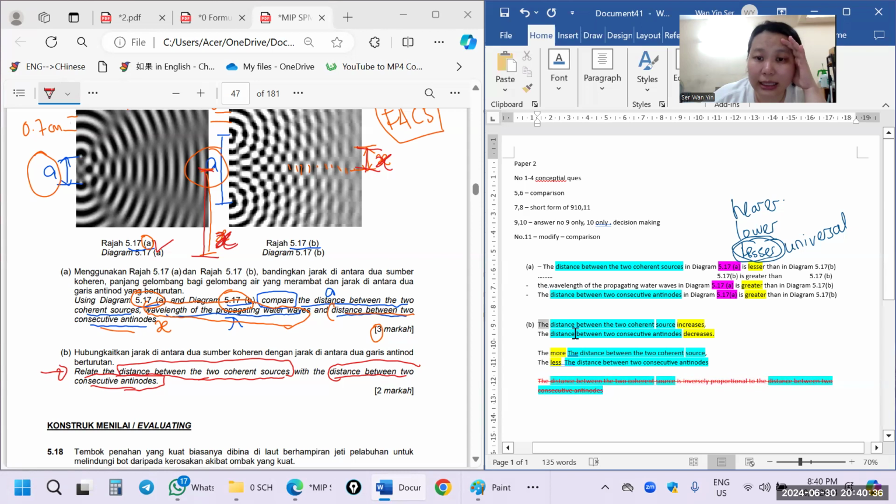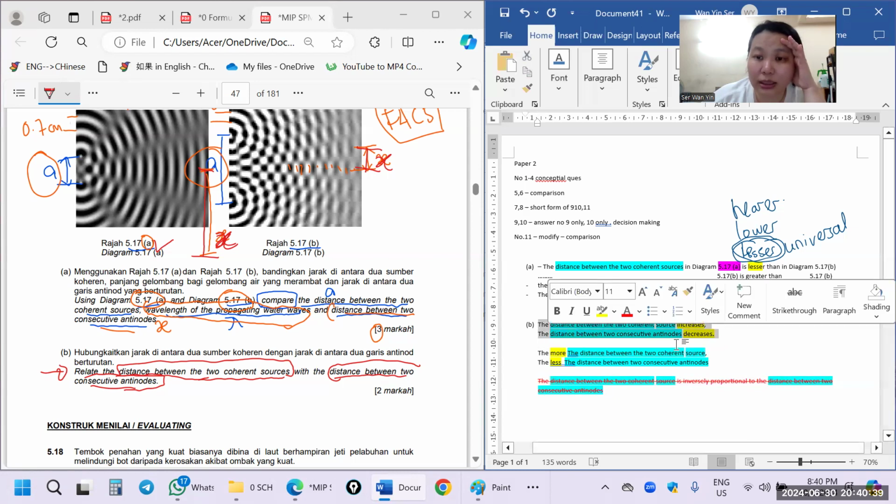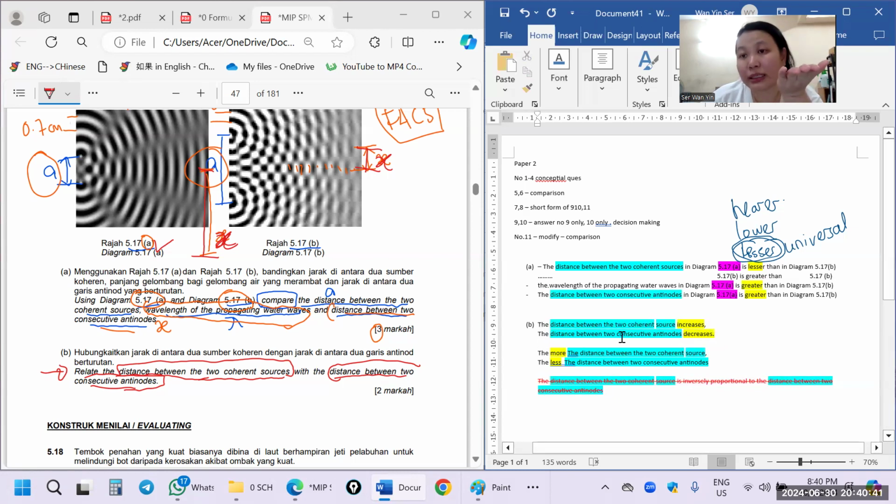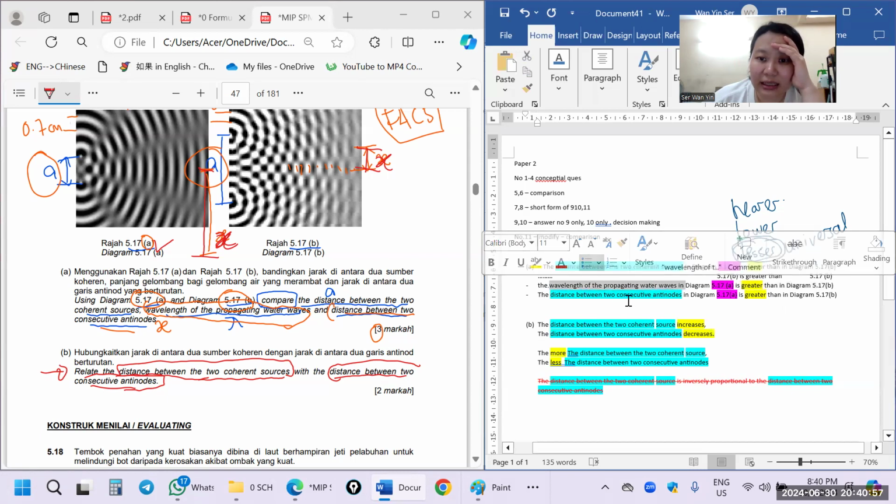I like this one. I like the first one. A increases, B decreases. Okay? Normally they will ask another one, like wavelength and this.